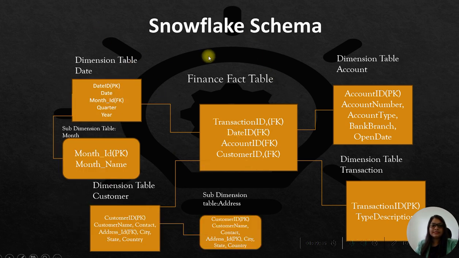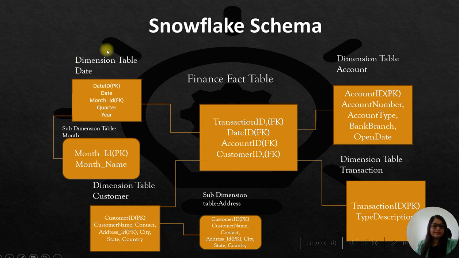Now in the Snowflake schema, you can see the number of dimension tables increases, and it looks like a snowflake, that's why it is called the Snowflake schema. In the Snowflake schema, you can see the fact table here and sub dimension tables. These four are the main dimension tables: date table, account dimension table, transaction dimension table and customer dimension table.